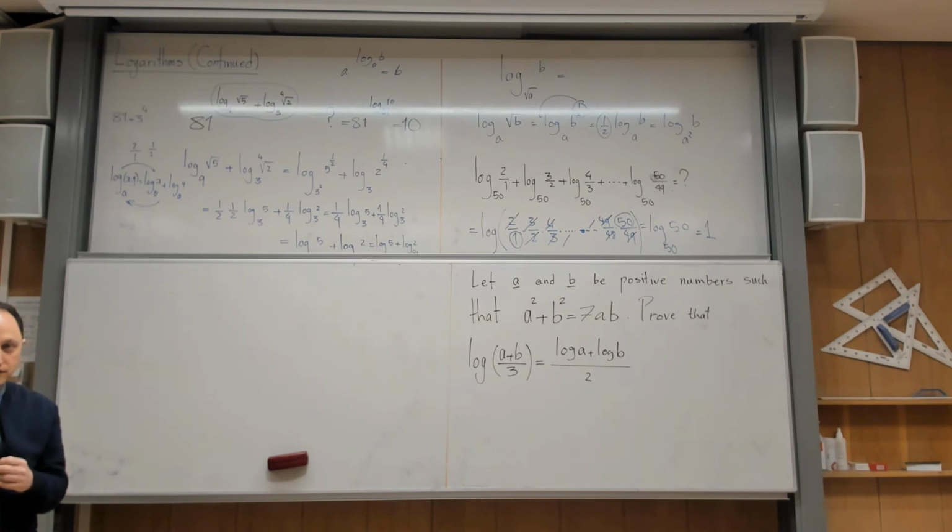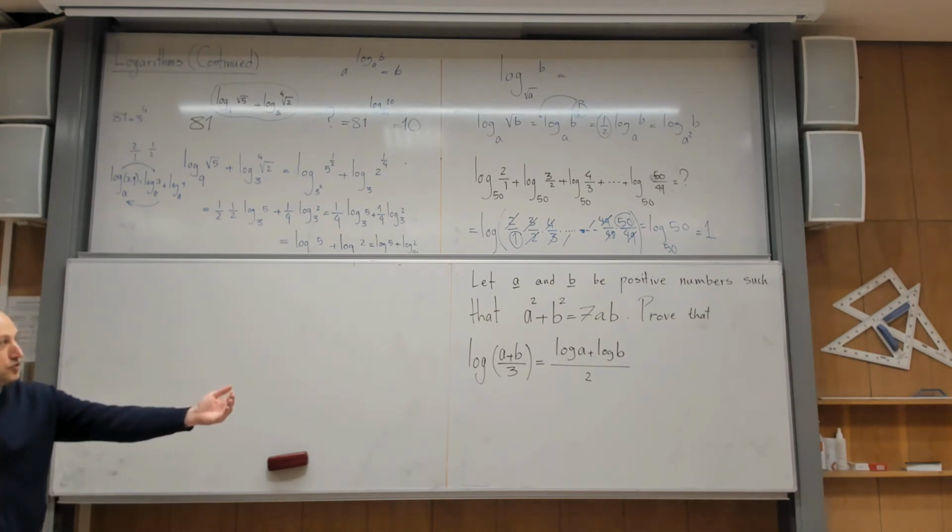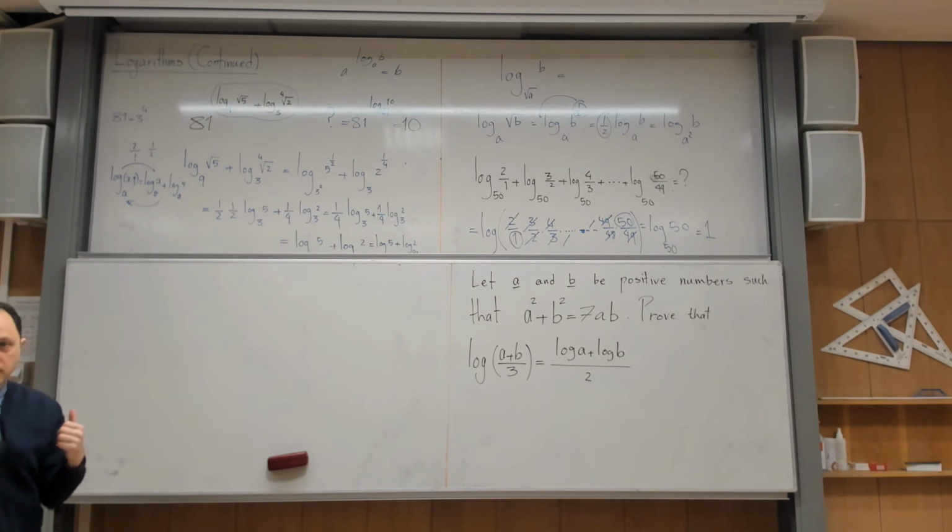Right. If I move 2ab from that side to the other side, then the quadratic expression that I get is a squared plus b squared minus 2ab. And then if you want to write it as a complete square, you will write it as (a minus b) squared. Technically, this is not good.